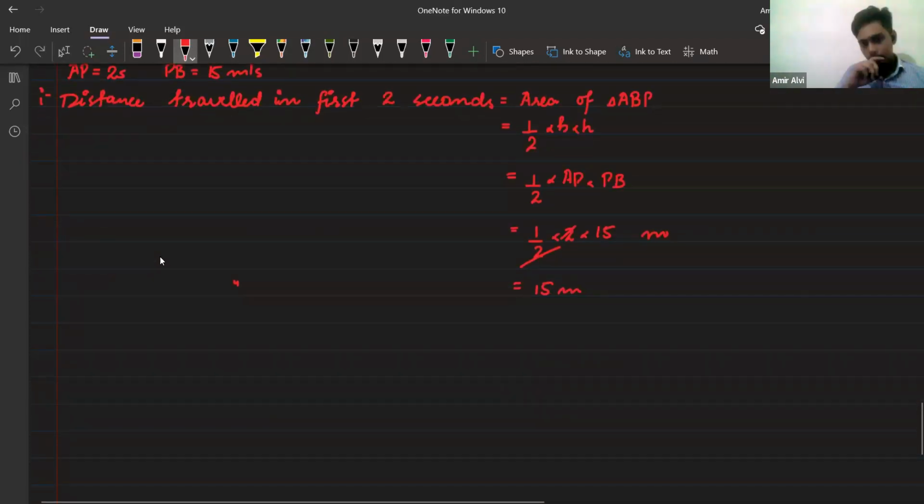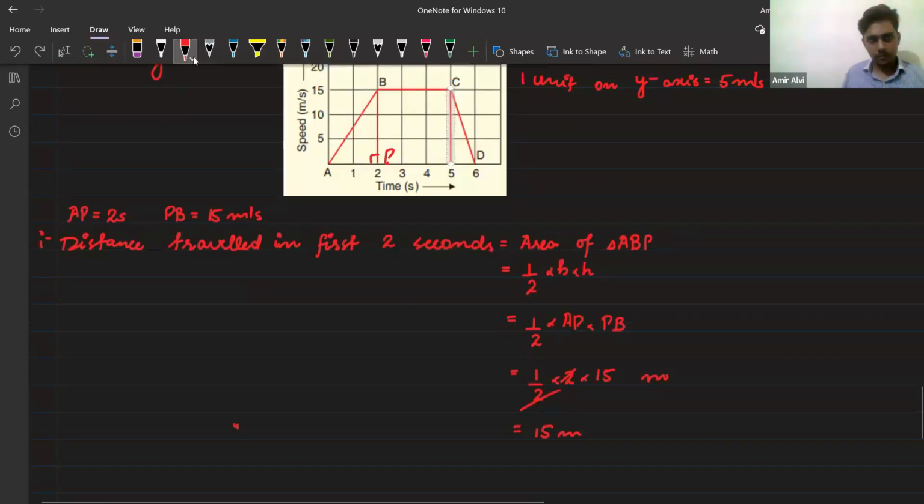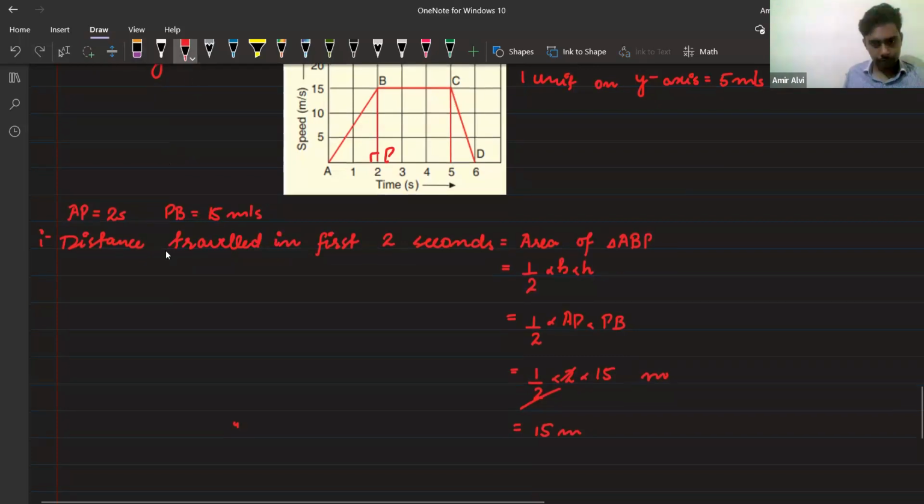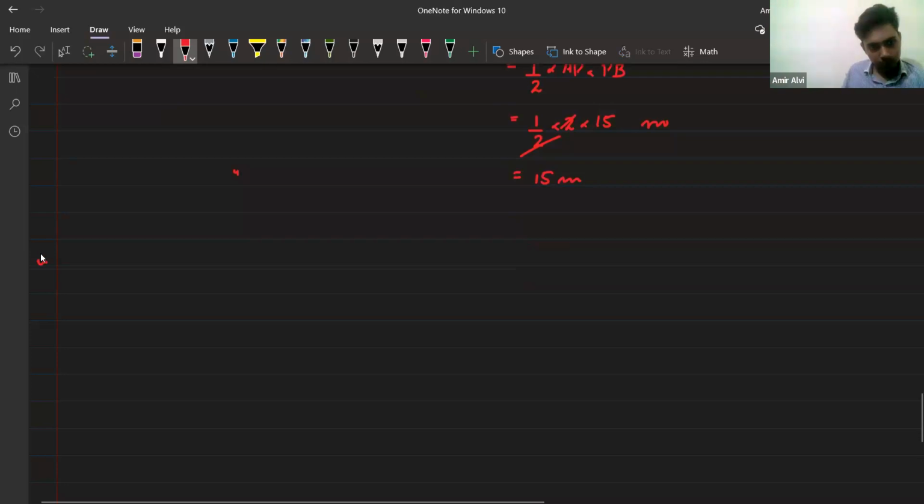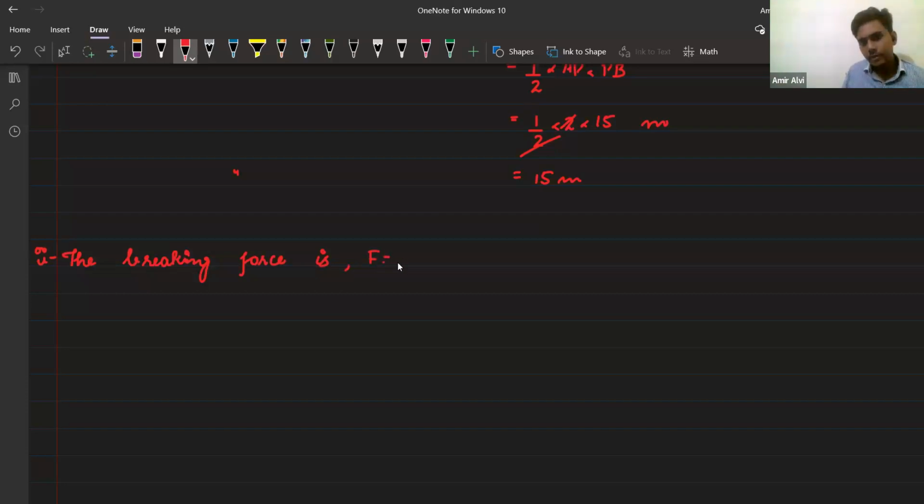So in the point 2, the braking force is F is equals to ma.